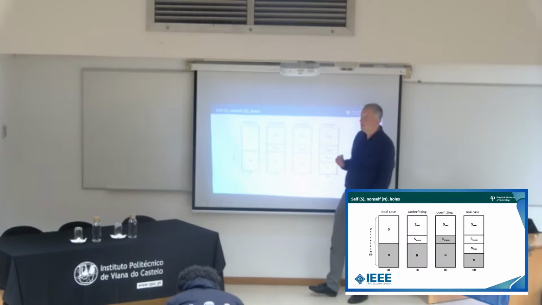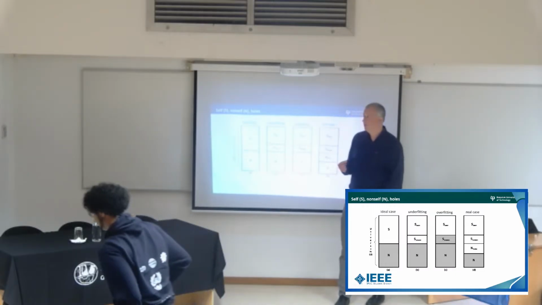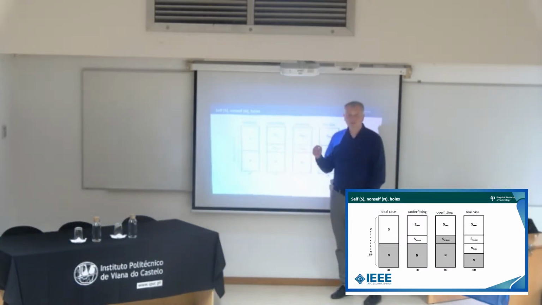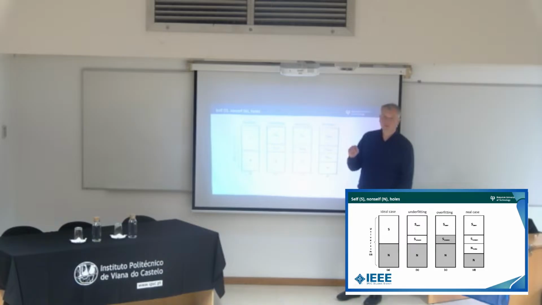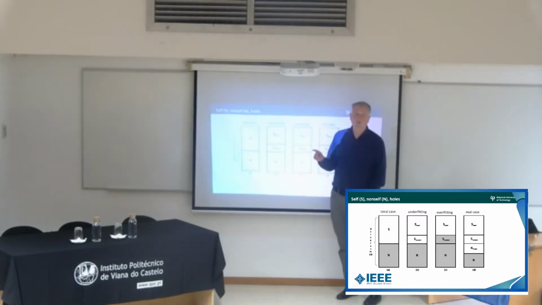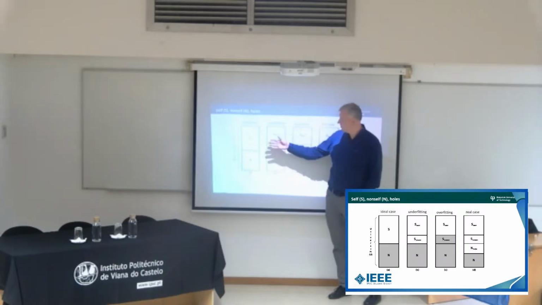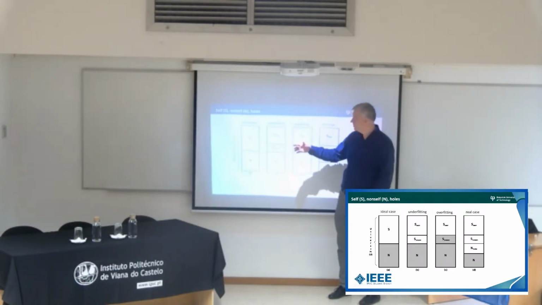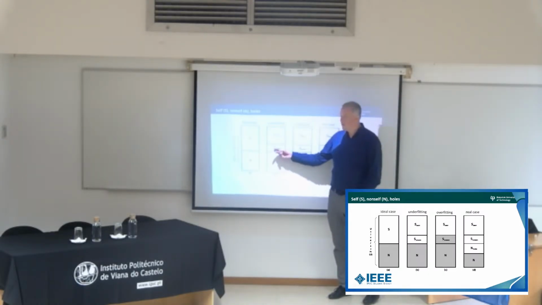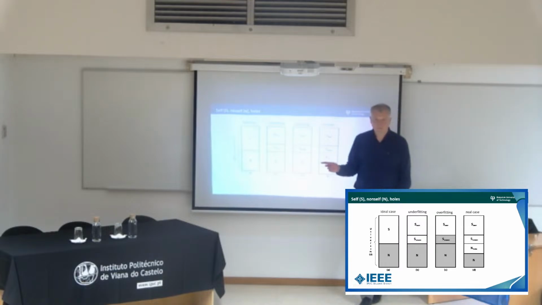But usually in real life, we do not have information about all our cells. So we can divide the cells into two parts, seen and unseen.